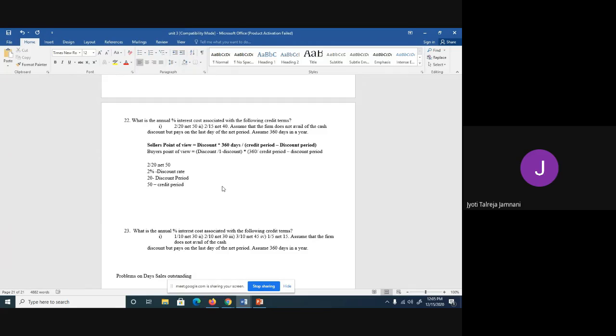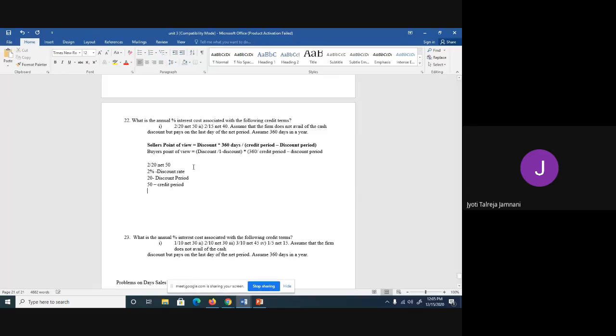So 2 by 20 net 50. 2 is 2%, that's the discount rate. 20 is the discount period. If you want the discount of 2%, you have to pay in 20 days. And 50 is the credit period. So if you don't want discount, you can pay in 50 days.